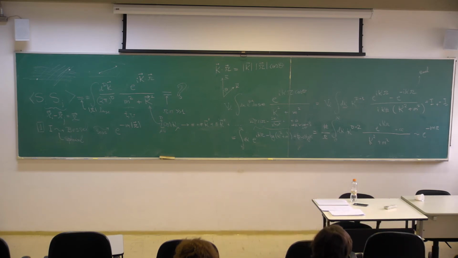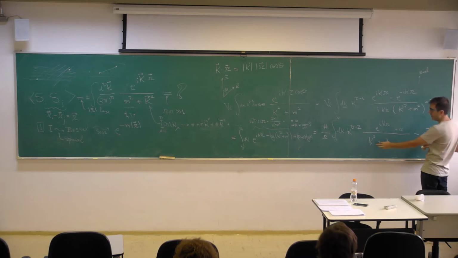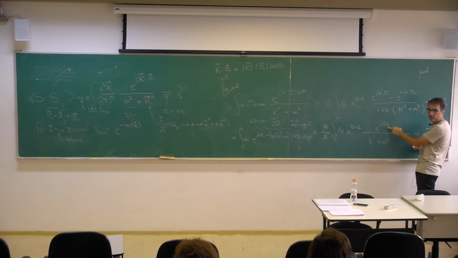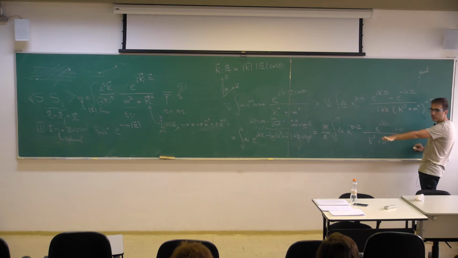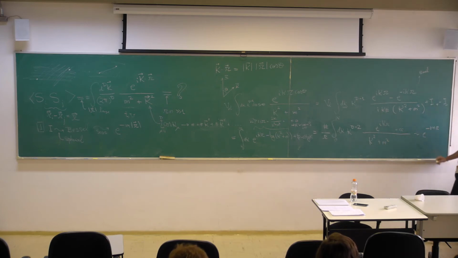So you can rotate the contour, and then after you rotate the contour, yes, you can pick this pole, and that pole will give this convergence. And then you have to continue manipulating the contour further to show that the rest is exponentially small. So that you could also do.